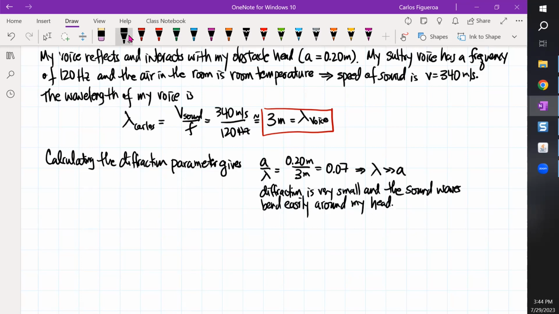So what I'm going to do here is go back to that applet, and we've already taken the image of that applet. And so what that's telling me here is that the obstacle is really small.